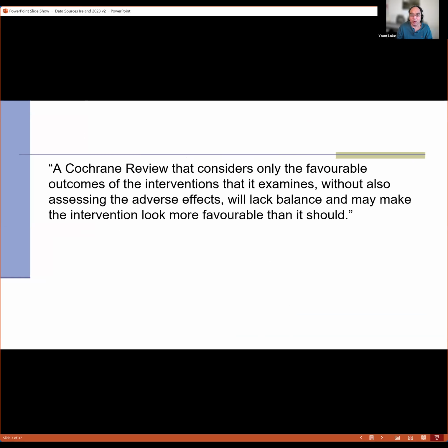So how do we end up in a situation where we're trying to assess adverse effects? Well, we consider that a Cochrane review that looks only at the benefits or the favorable outcomes would present a biased viewpoint, unless it also explicitly looked at what kind of harm or adverse effects could arise during the intervention.